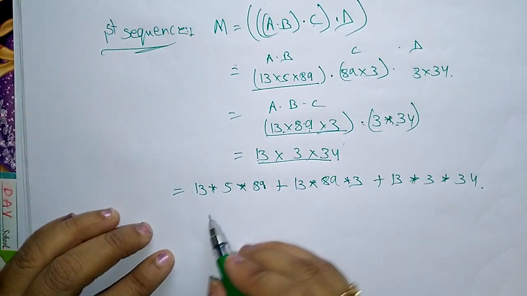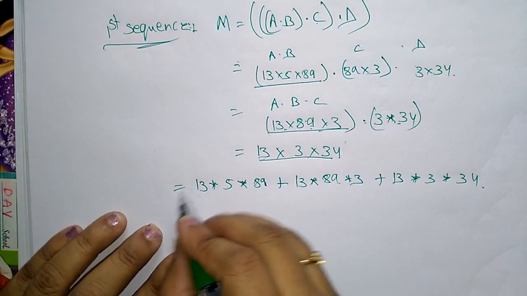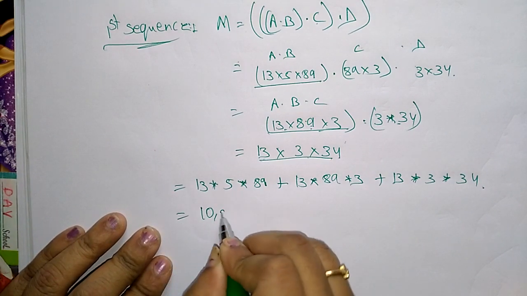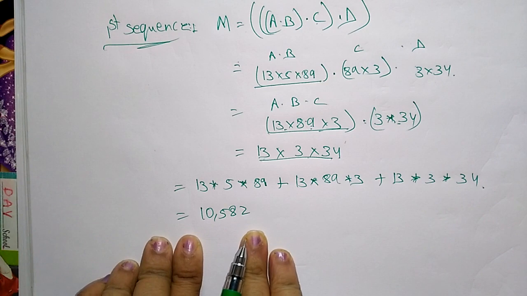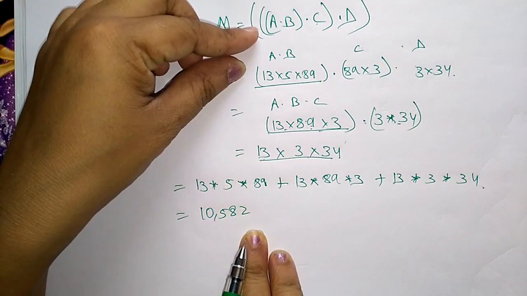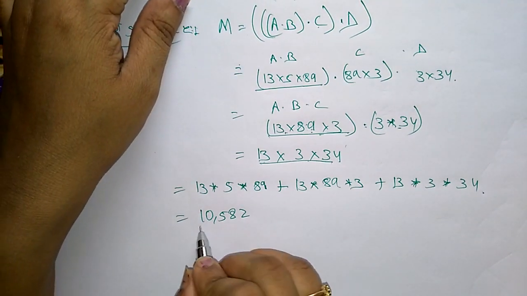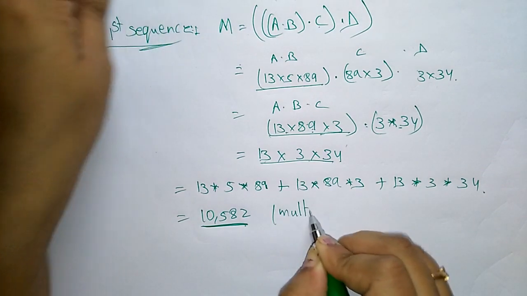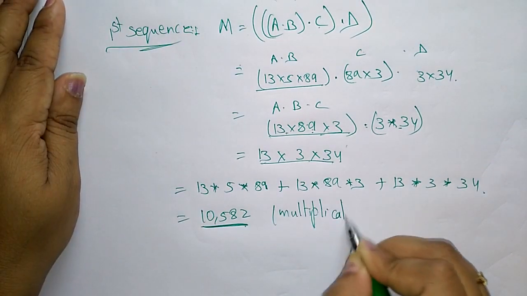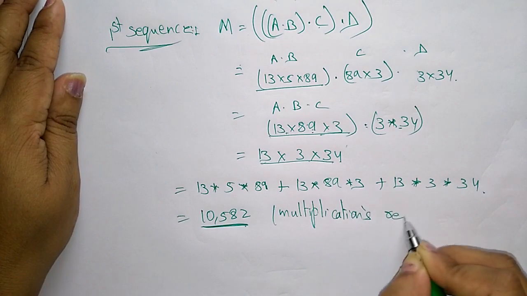So the 3 terms have to be added, and the final result you will get is 10,582. So for this sequence, the total number of multiplications required is 10,582. Multiplications required means the cost of this sequence.